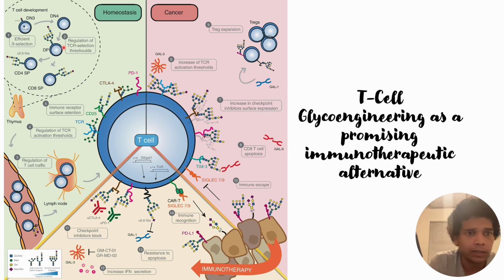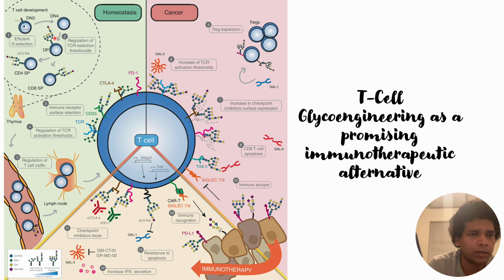It can regulate this TCR selection with the help of the expression of glycans when it is converted from the DN4 stage to the DP stage, and this expression of glycans will help them to interact with specific foreign antigens that are present within the body, against which the antigen response has been triggered.